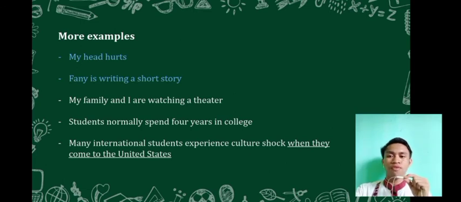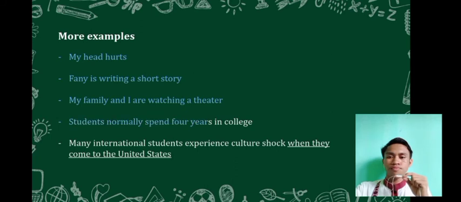Okay, next, Fanny is writing a short story. We have the subject, Fanny, the verb, writing, the object, a short story, and this clause expresses a complete thought. Next, my family and I are watching a theater. You can see we have the subject, my family and I, the verb, watching, the object, a theater, and this clause expresses a complete thought.